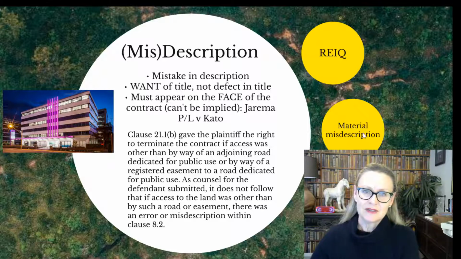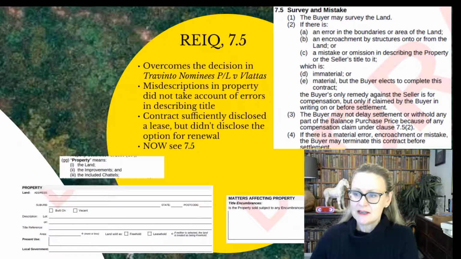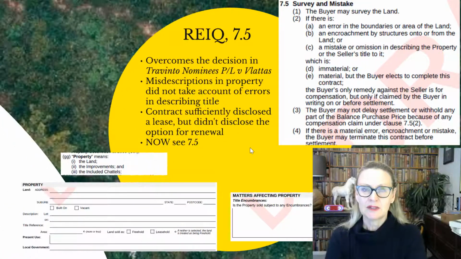How does the REIQ contract deal with misdescriptions? Well, let's have a little look here. You'll see we're back at clause 7.5 of the REIQ, which we were just looking at before.